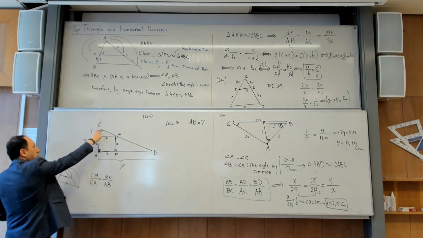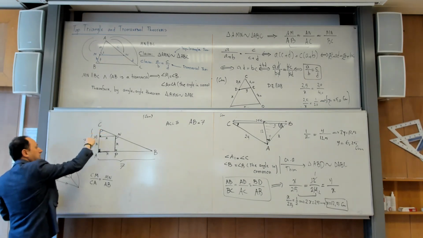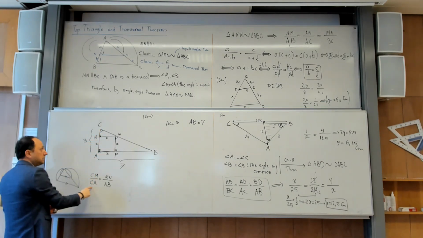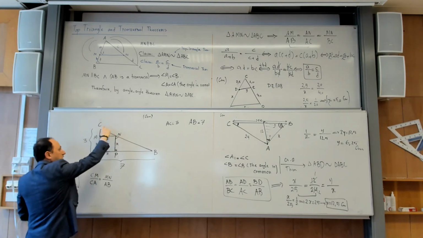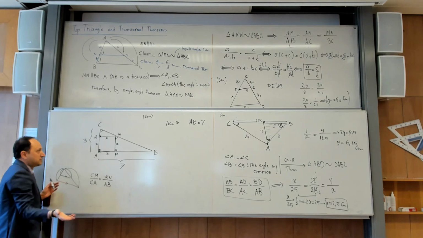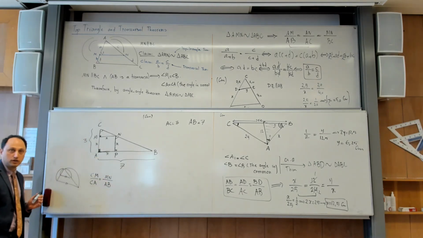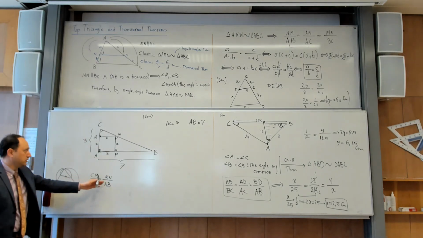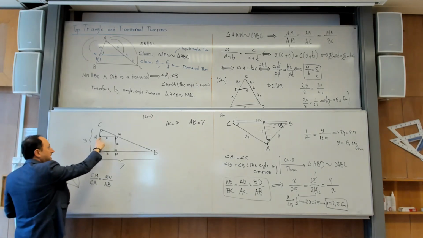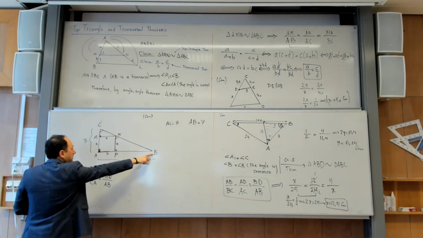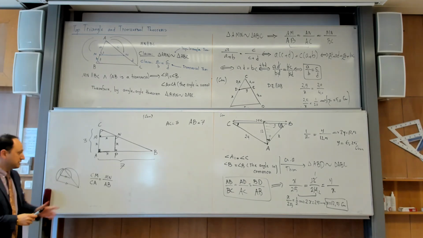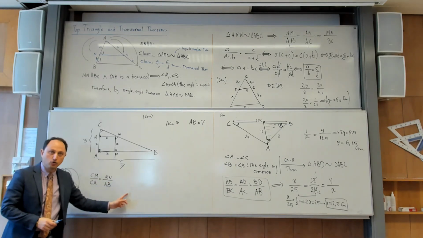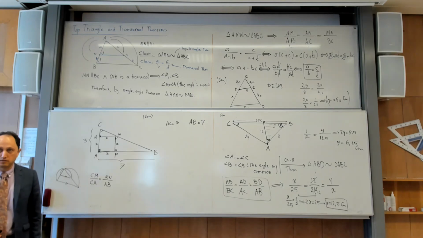CM over the whole CA is also equal to CN over the whole CB, but that's useless. I don't have anything regarding them, so I don't bother to write it down. I would say that this is MN over AB. Is that understandable? There is a third one that I ignored because it is useless.